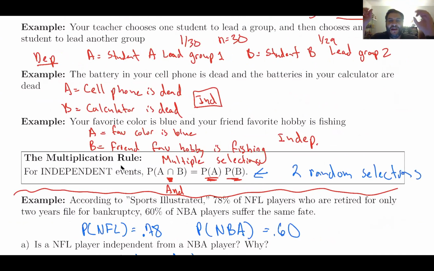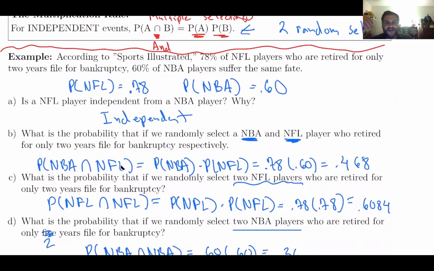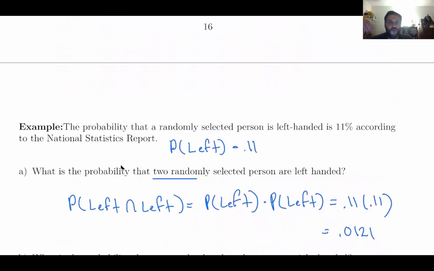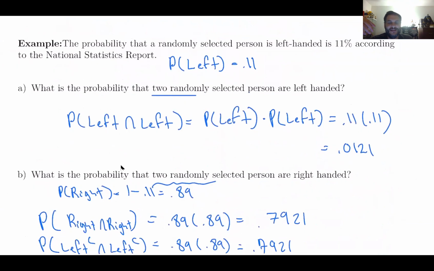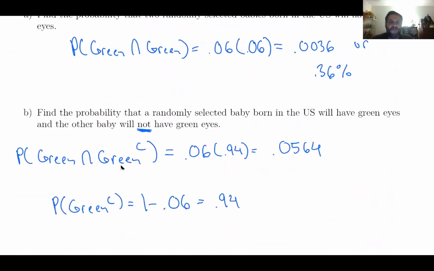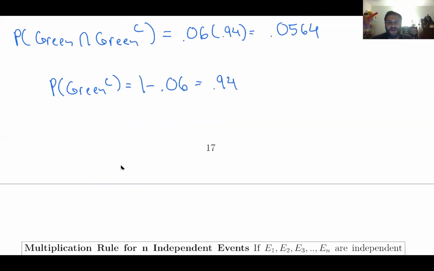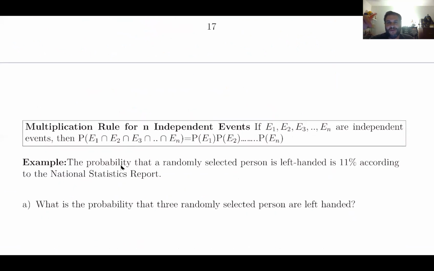So if I'm randomly selecting 2 people or 2 objects, you want to use this formula. But the next formula is not limited to just 2 random selections. For this one, we can have n many selections. So if I wanted to select 20 people, we could use this formula for 20 people, or for 30 people.